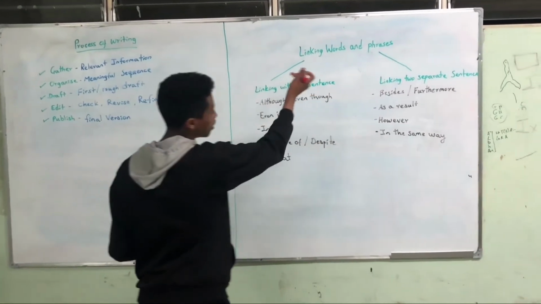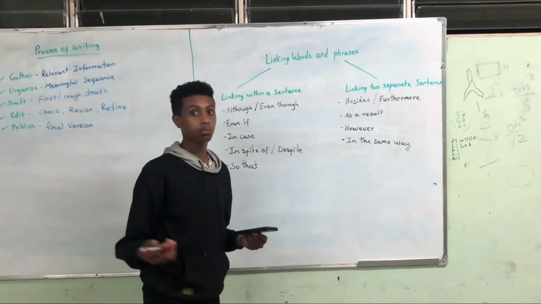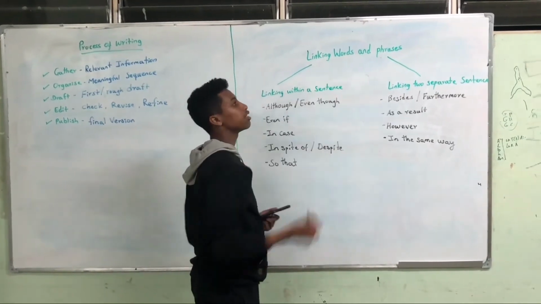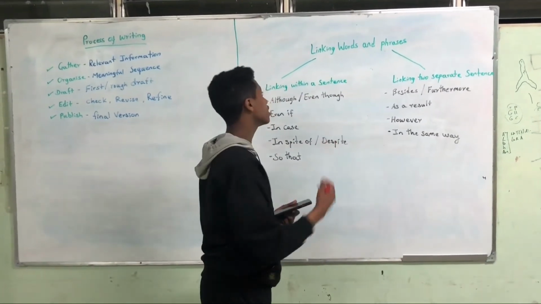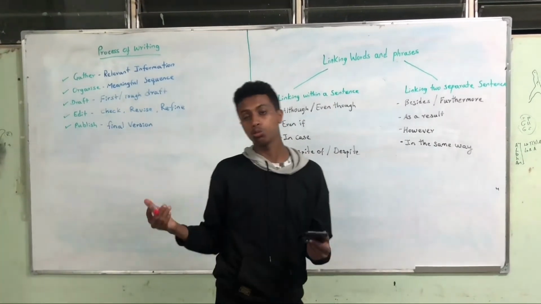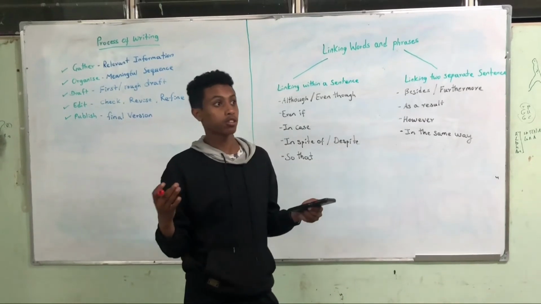And the last thing that we are going to talk about on this writing skills topic is linking words and phrases. We use them in a paragraph; they are so essential.